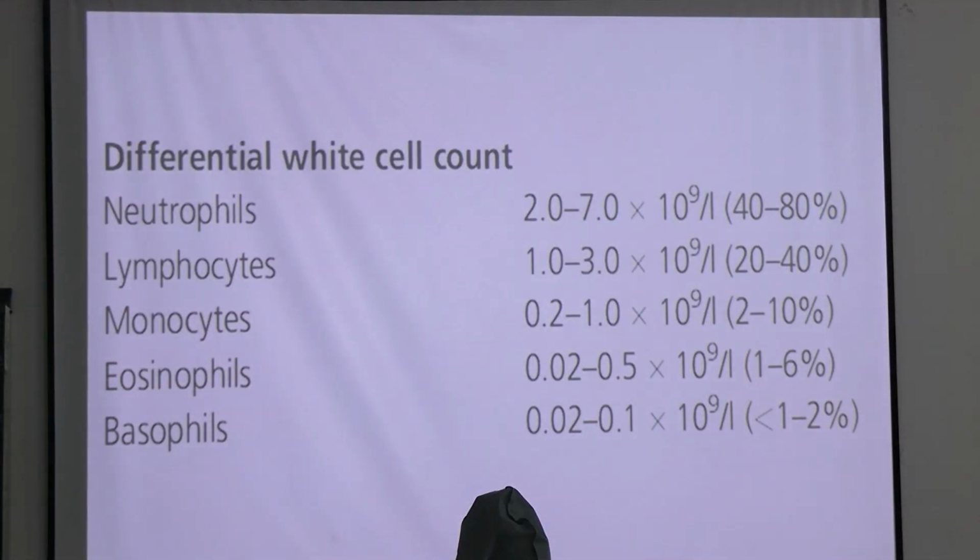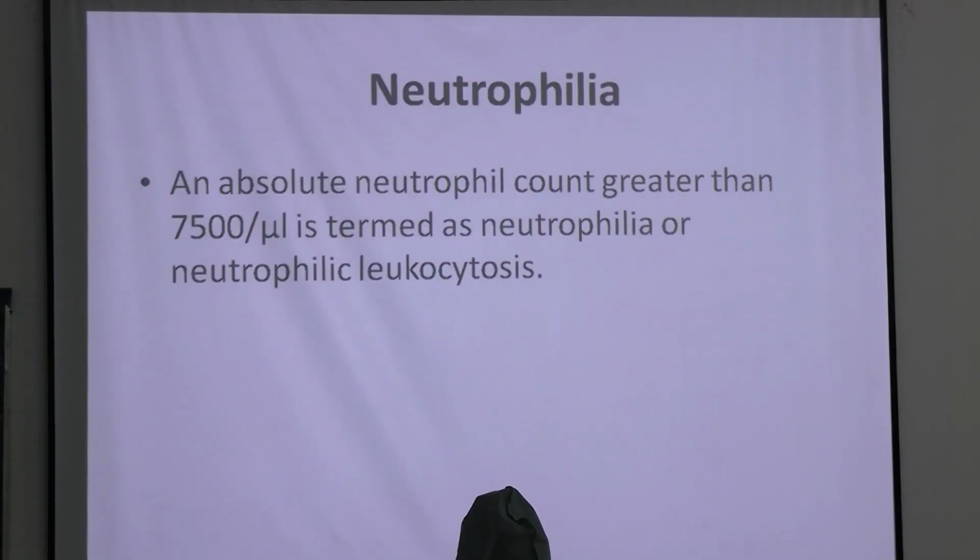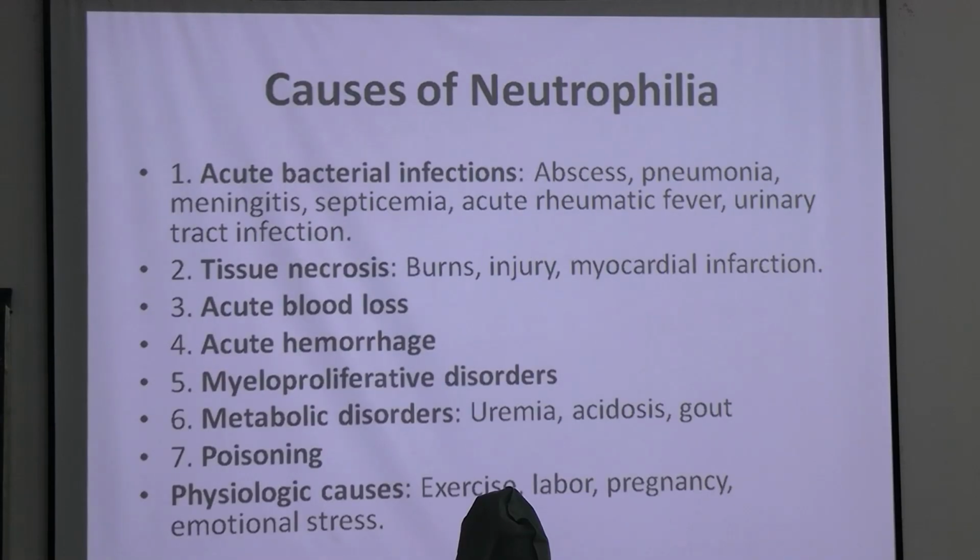This is the normal absolute count of a neutrophil, 2000 to 7000. If you go for the percentage, it is 40 to 80%. If it is more than 7500, we call it neutrophilia. Causes of neutrophilia, anyone?